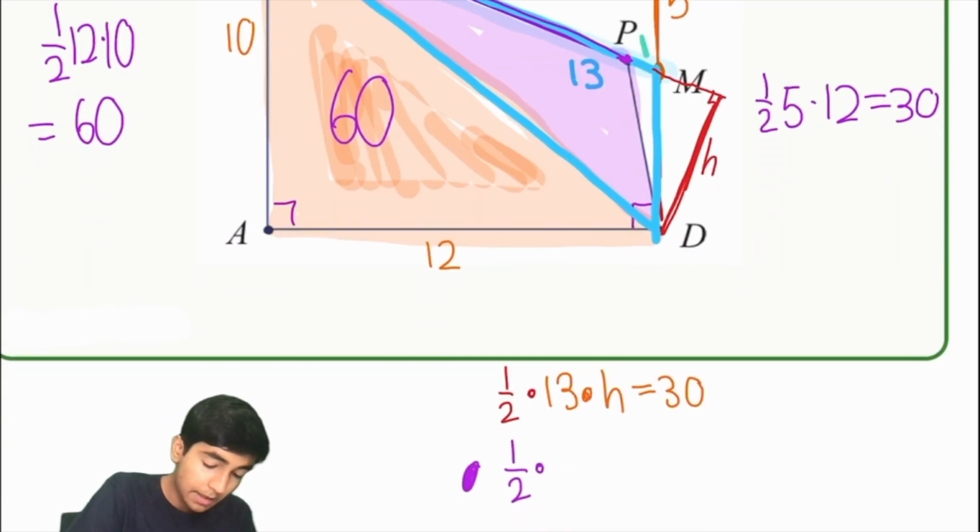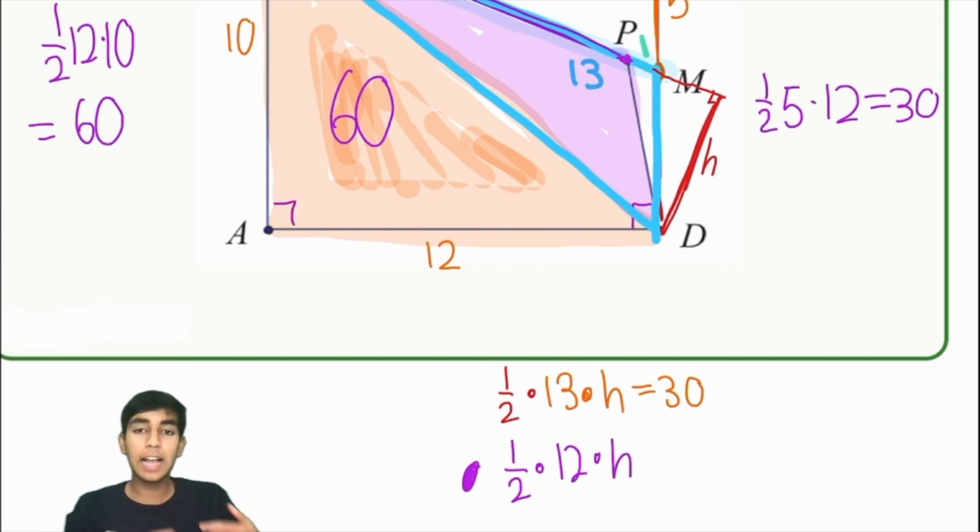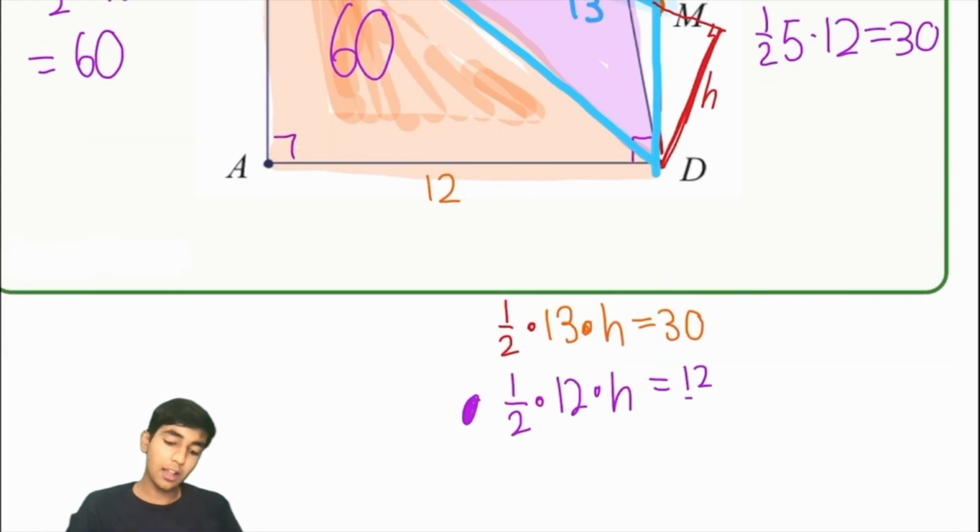So half times 12 times h. We know half times 13 times h is 30, so to find half times 12 times h, we just take 12/13 of 30, which is 360 over 13.